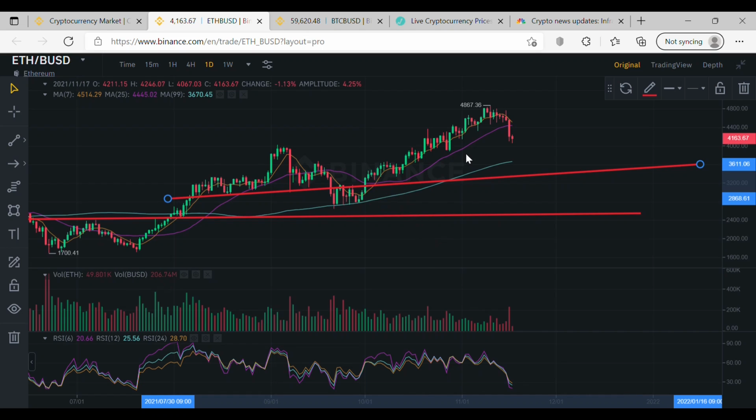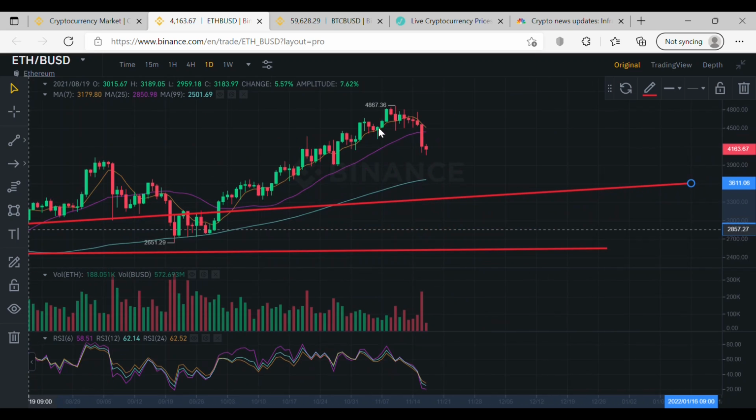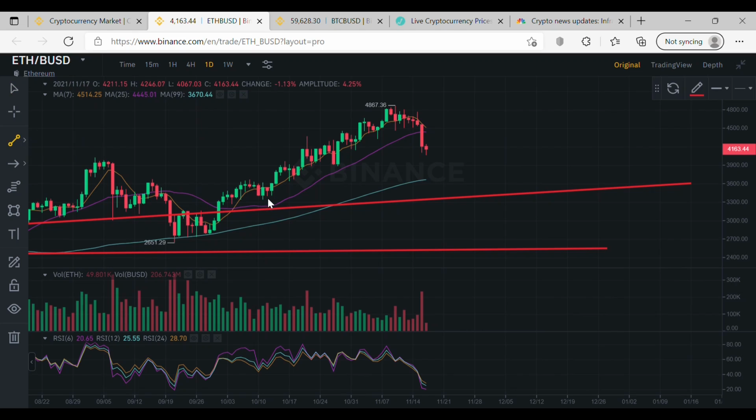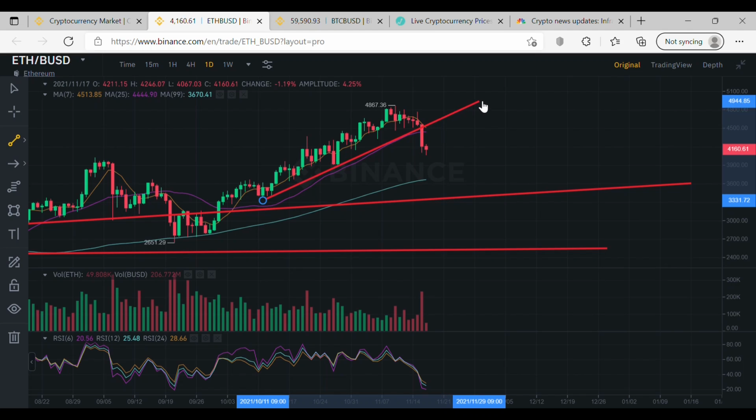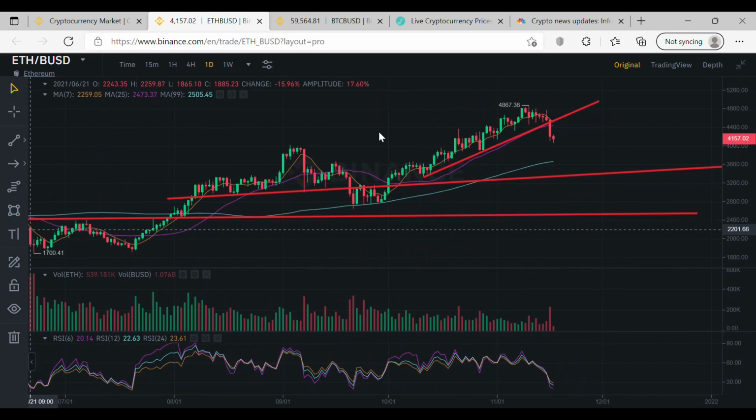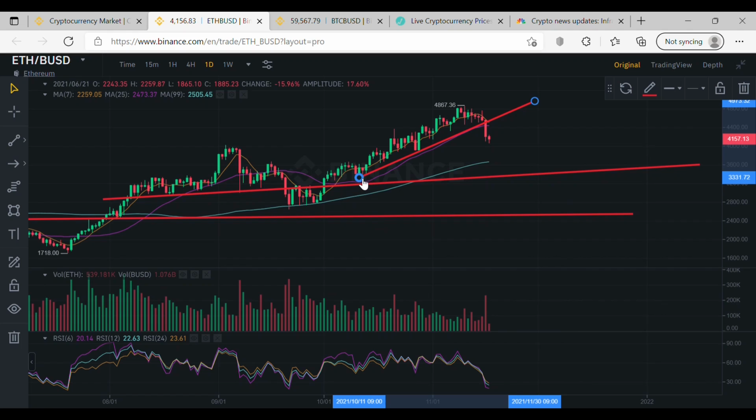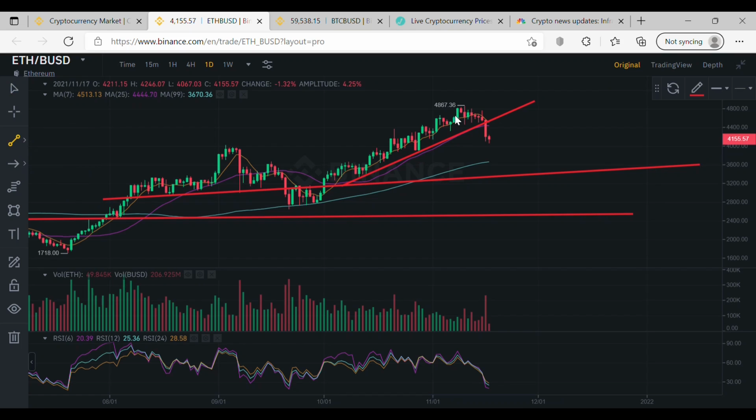Let's refine this graph more, shall we? So here we have the price rally since last time, and this is an ascending channel for this price movement.